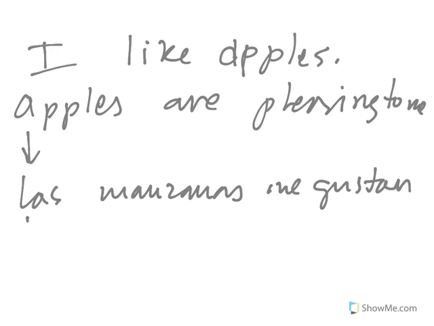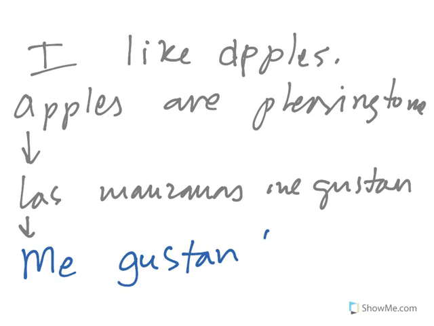And then finally you make it into the correct word order, and it will be me gustan las manzanas. So if you do it in 4 steps instead of translating it right away, your chances of getting the sentence right increase significantly.